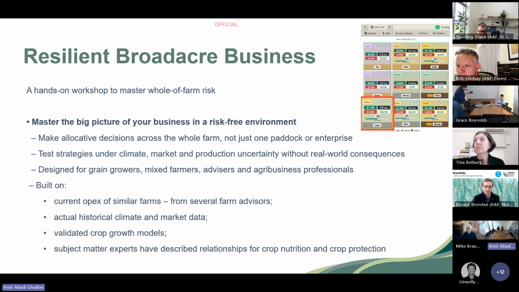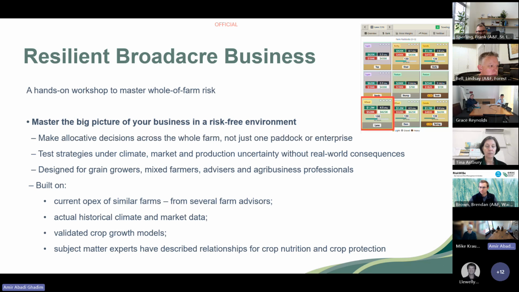You can have fewer or more in the new version, and you can allocate land to various crops. So we call them enterprises. It can be sheep, it can be wheat, barley, canola, lupins, field peas. Sometimes in some places you might want to plant trees. We allow that to happen.